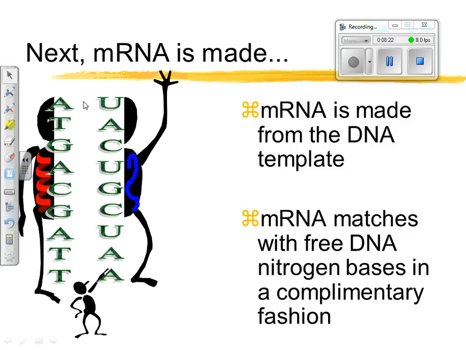Okay, so it just opens up, DNA just opens up so that it can act as a template for just that section of DNA where that gene for that protein is. So messenger RNA transcribes the code from DNA.